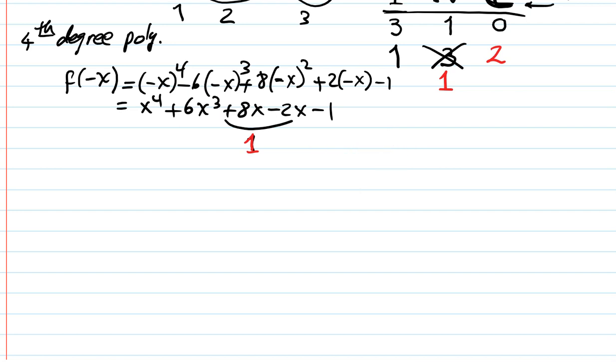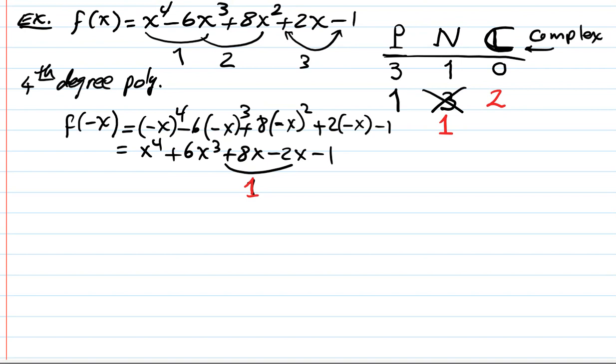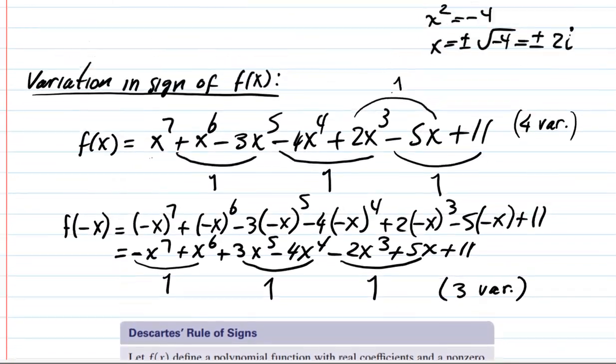If it was 2, the next one less than that would be 0, meaning no negative solutions. And there you have it. Again, this doesn't tell you how to find them. It just tells you how many there could potentially be. And that is it as far as the lecture goes.